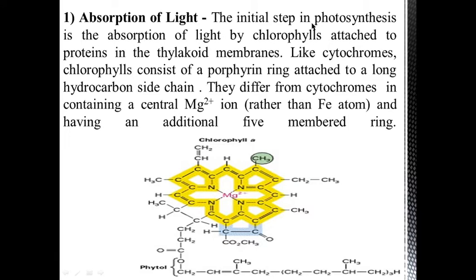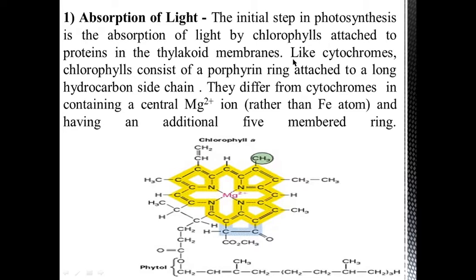The initial step in photosynthesis is the absorption of light by chlorophyll attached to proteins in the thylakoid membrane. In the thylakoid membrane, a number of chlorophylls are present, and the chlorophylls have the antenna complex, which absorbs the specific wavelength of light.